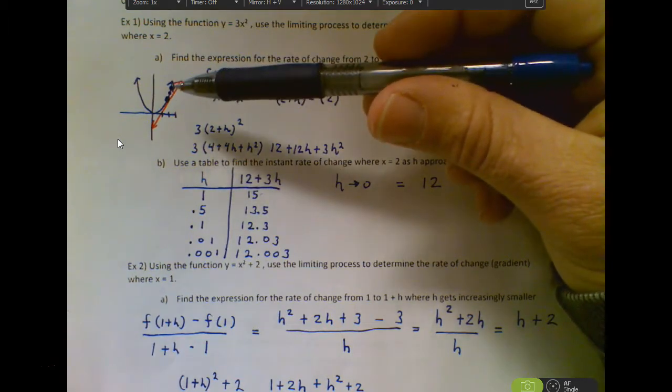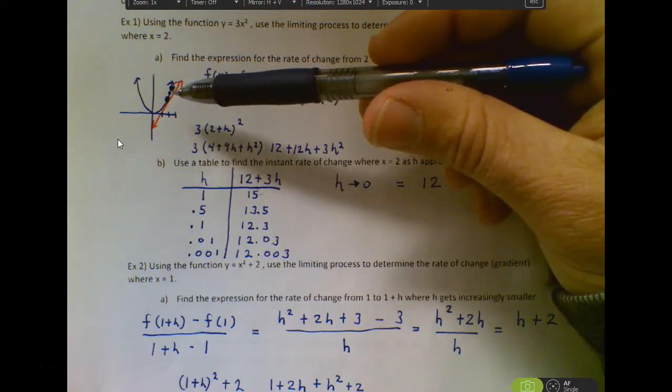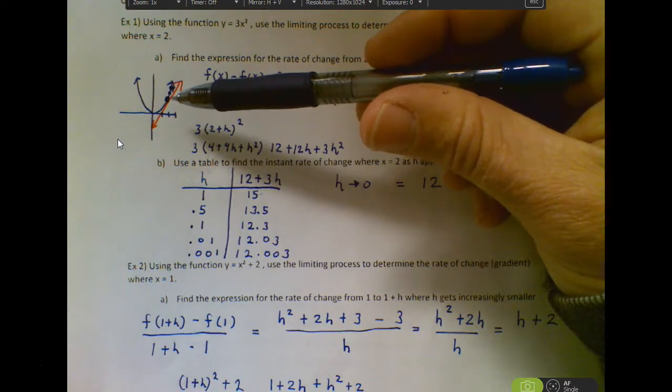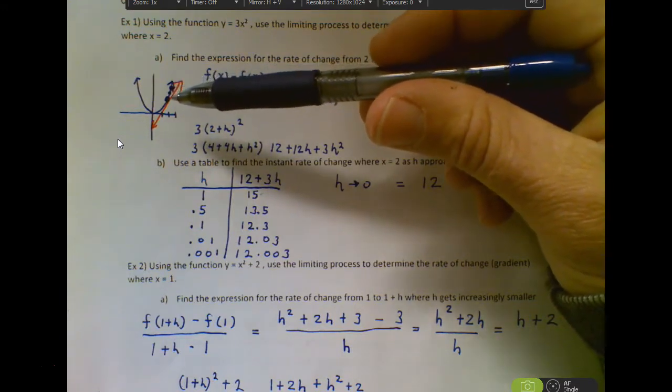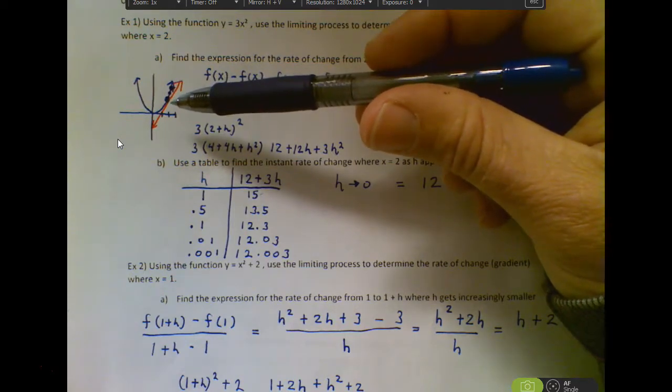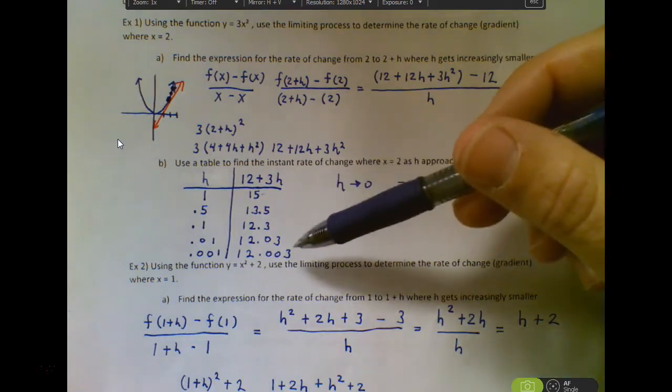So we went from 2 to 3, and we found the slope, and then we went from 2 to 2.5, and we found the slope, from 2 to 2.1, and we found the slope, and we kept getting closer and closer and closer to our target point of where x equals 2, just so we could zoom in on what that instant rate of change is at that point.